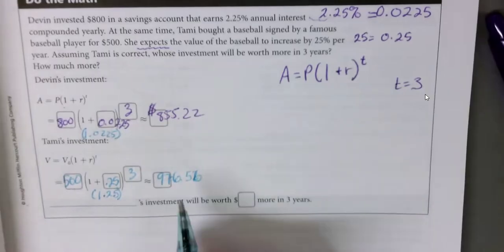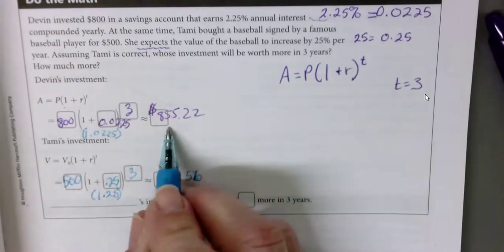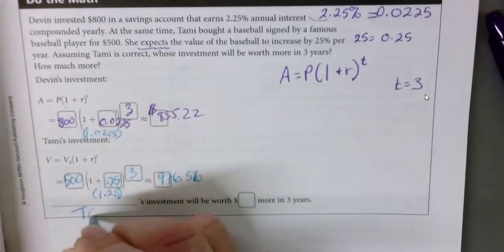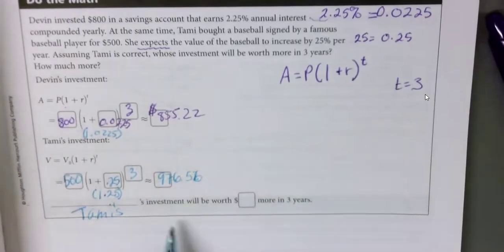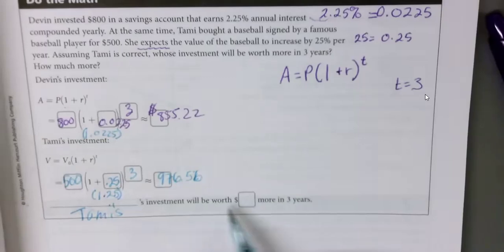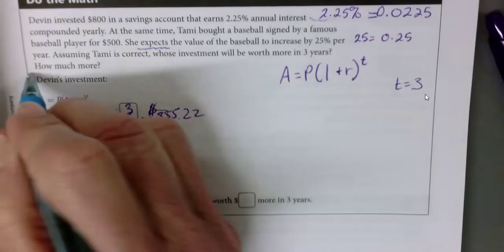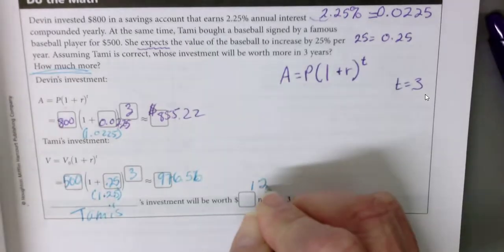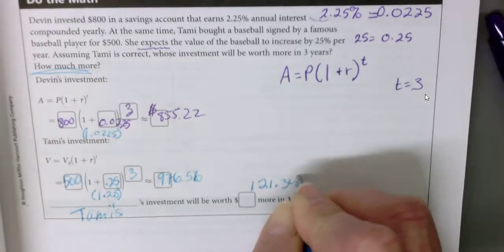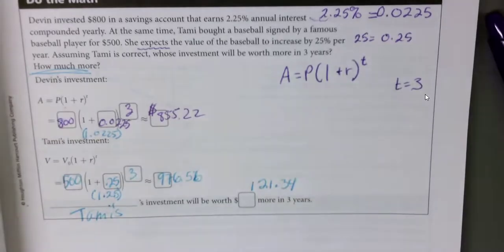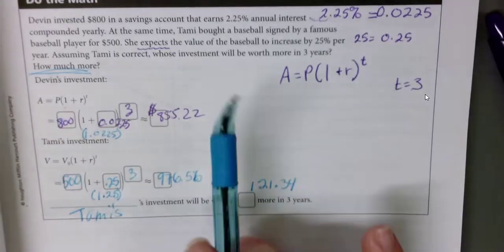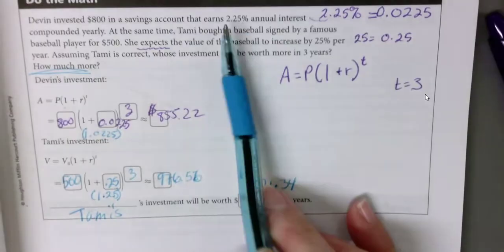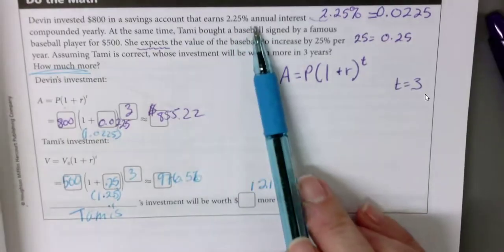So 976 is bigger than 855, so Tammy's investment will be worth more. And then it asked us to find out how much more, and that would be $121.34 more.